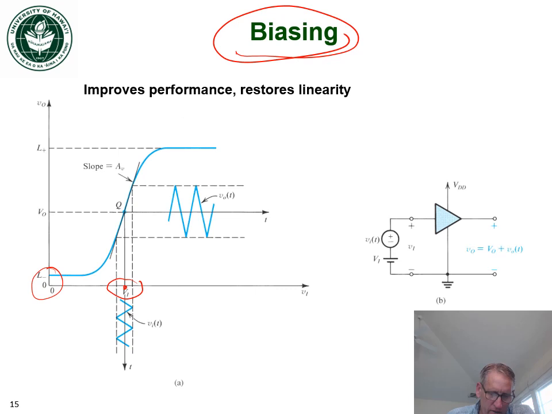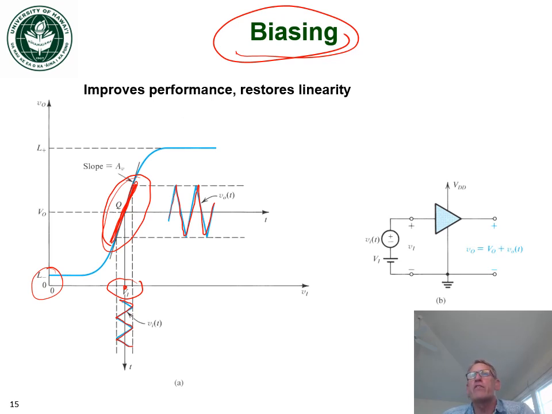And now our signal is centered around that bias voltage, and we try to center our input signal right around this nice linear steep part of our voltage transfer characteristic. So in this case, we have a triangle wave coming in, and the output will be a nice amplified version of the input because it's following up and down on this voltage transfer characteristic.